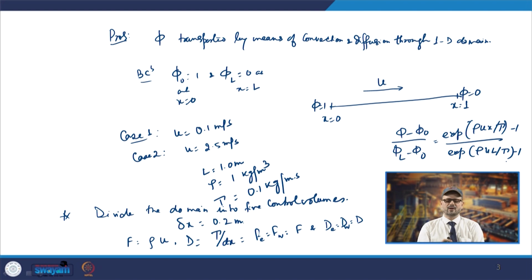Once you get these numerical results, you compare with these analytical results and see how the other differencing schemes work, and how the effect of convection can be seen predominating.